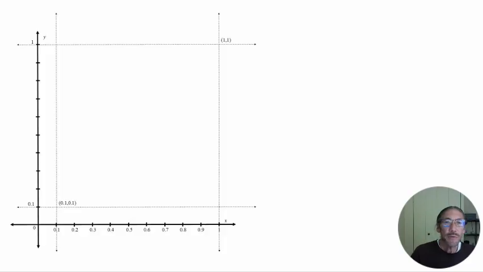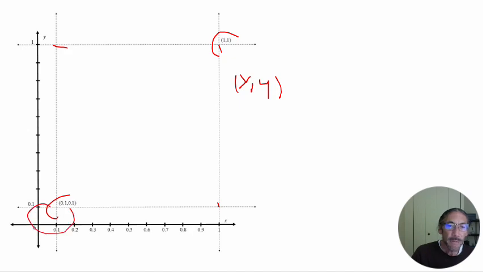In this graph, you see 1 and 1 up here, and you see 0.1 and 0.1 down here. That's an x and y value, and this is an x and y value, both. And there's proportionality between this point, this box here, and this box down here.